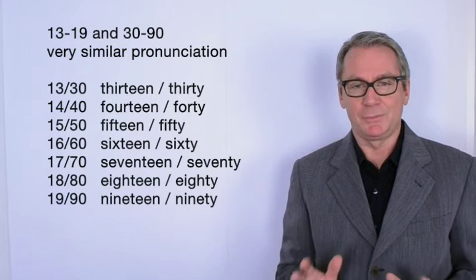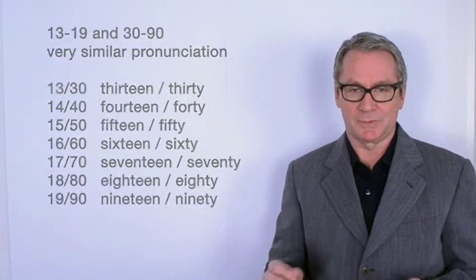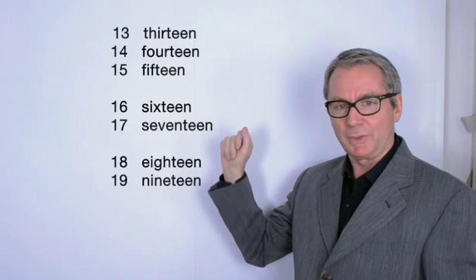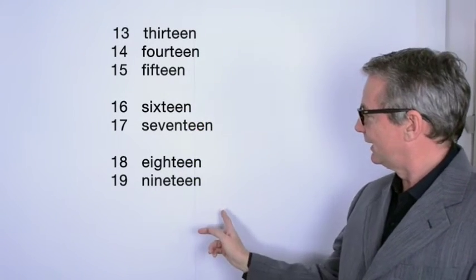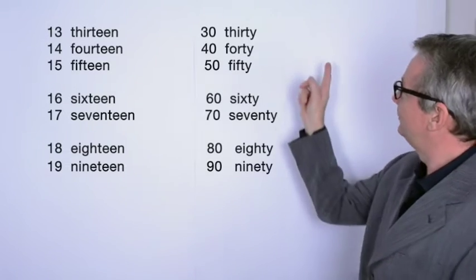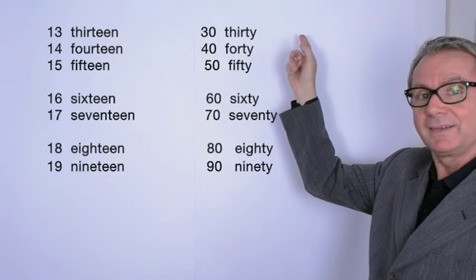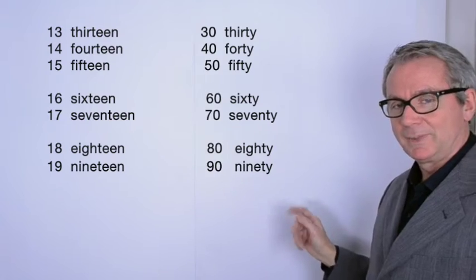Big difference. You need a technique to distinguish them. How do you distinguish between these teens, that is from 13 to 19, and from the 30 to 90?